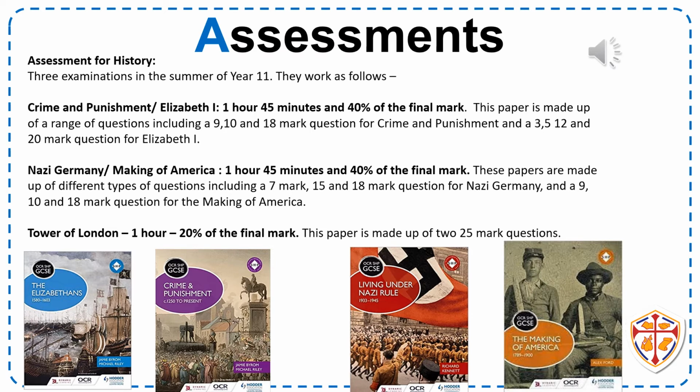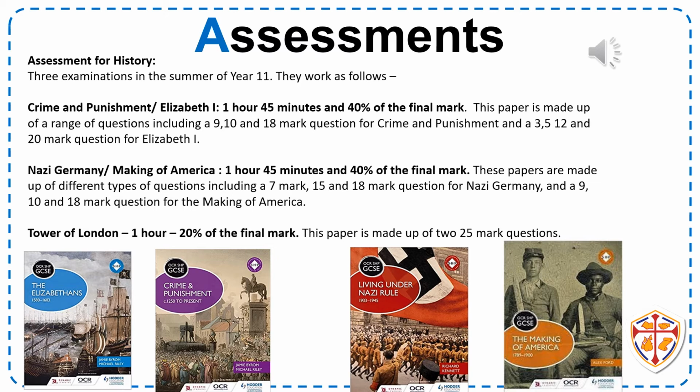Nazi Germany and Making of America come together, again 1 hour 45 minutes and 40% of the final mark. The Making of America paper is exactly the same structure as the Crime and Punishment one. So you have a 9, 10, 18 mark question. It is all about therefore knowledge. On the other hand, the Nazi Germany paper is again interpretations, a 7 mark source question, 15 mark question where you have sources and interpretations and you need to say how useful they are.